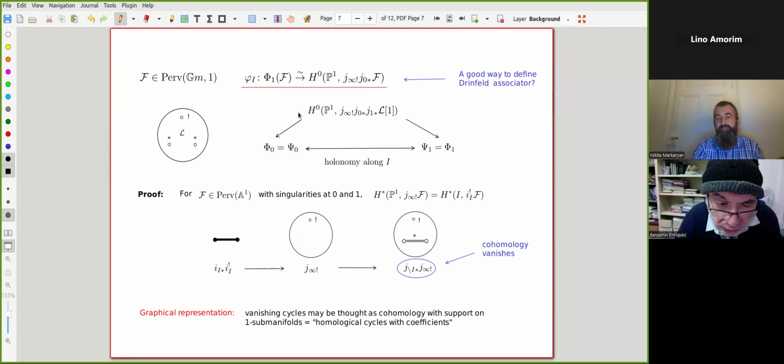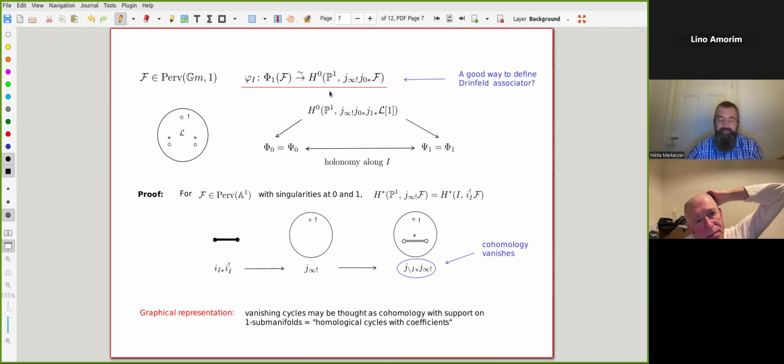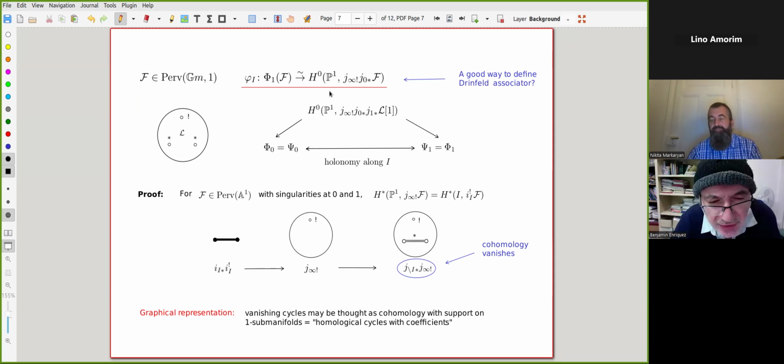Somehow this isomorphism encodes this data of direct images. I don't mention anything about the fundamental group. This is the Drinfeld associator, just one natural isomorphism, and there is no more.